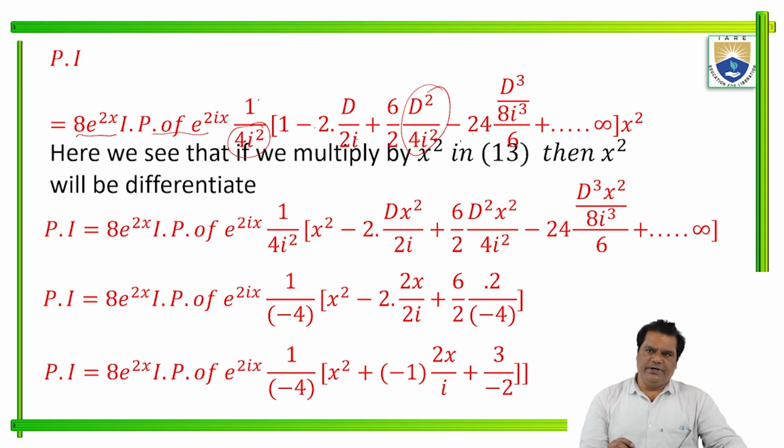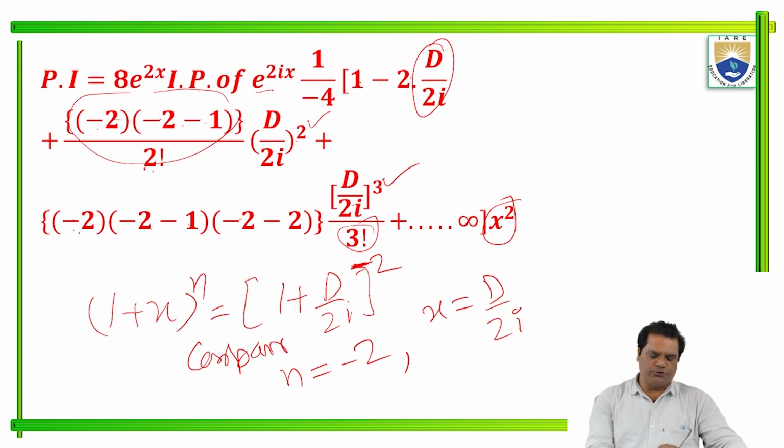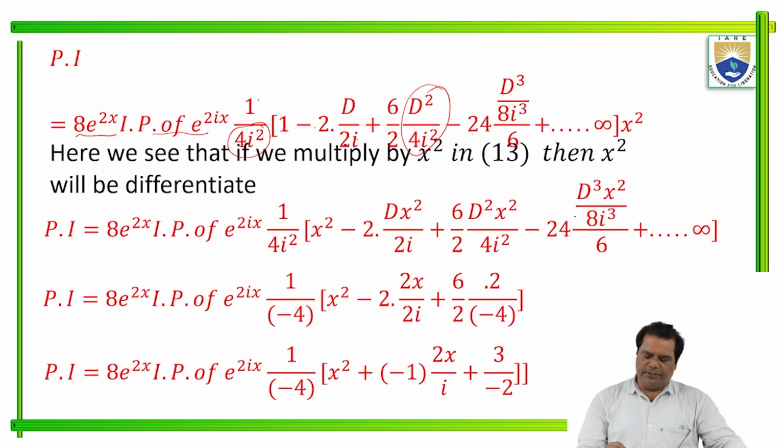How can we get 24? Last 24 is this: minus 2 into minus 2 minus 1 into minus 3, minus 2 minus 1 is 4, 4 times 3 is 12, 12 times 2 is 24. Minus 24 upon factorial 3. Factorial 3 is 6.